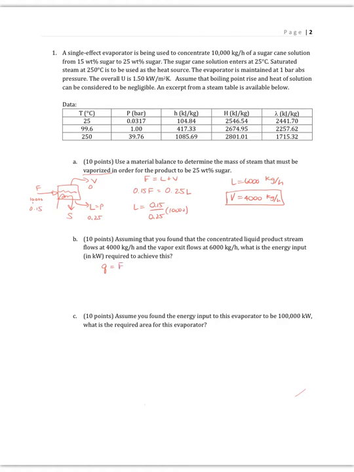So F times the enthalpy coming in, L times the enthalpy of the liquid leaving, and V times the enthalpy of the vapor leaving. Now remember, our notation is lowercase h represents liquid, uppercase H represents vapor. Now if I do this based on in minus out, then I don't have to do heat of vaporization.